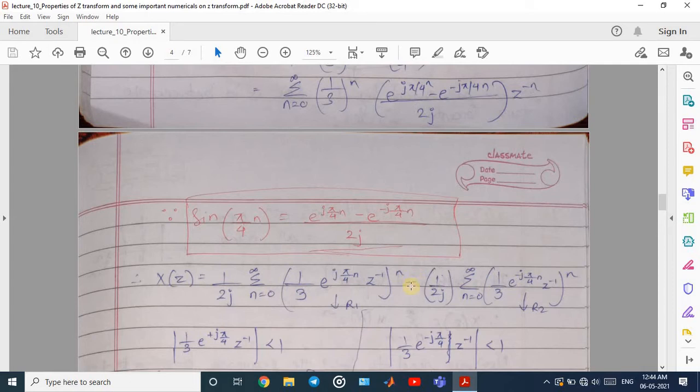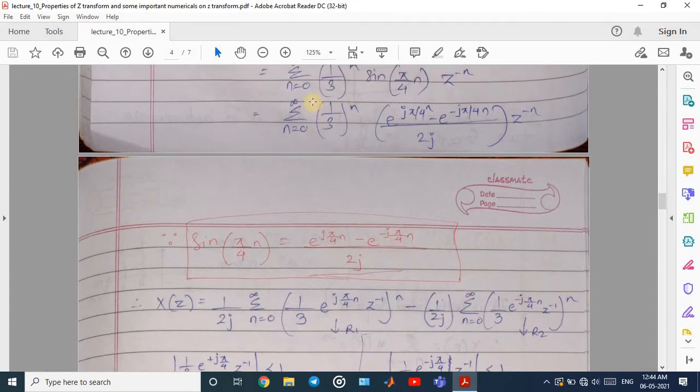Again minus 1 upon 2j outside, summation of this term into this term and this term.